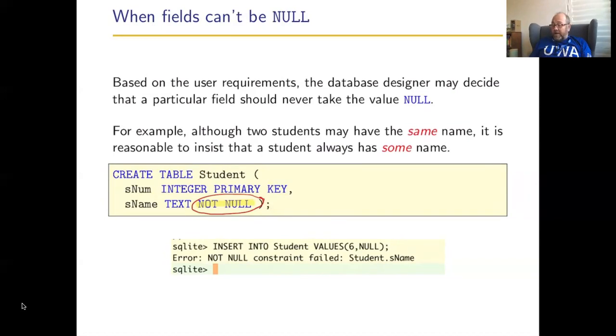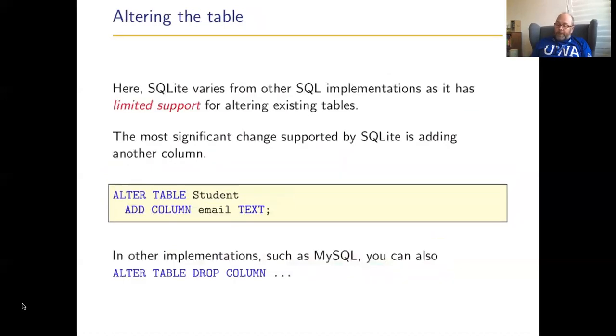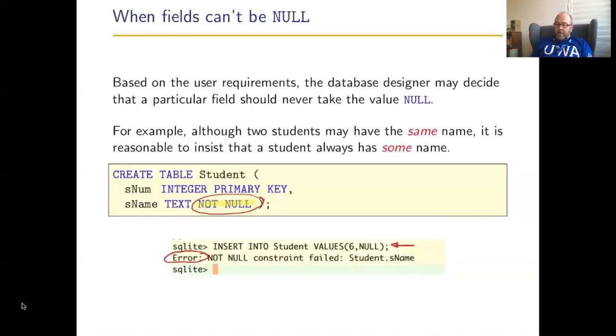If I try to enter a new student, student number 6, and I attempt to make their name null, I will be prohibited from doing so. An error will be produced. So the DDL is to do with constructing the table, the structure of the table, and telling SQL some things about the fields and their relationships that it must insist are always true.